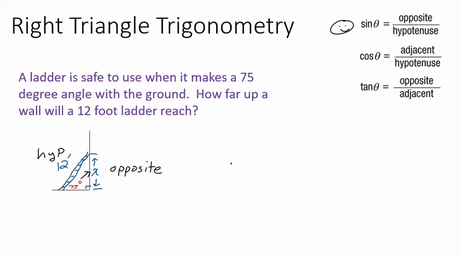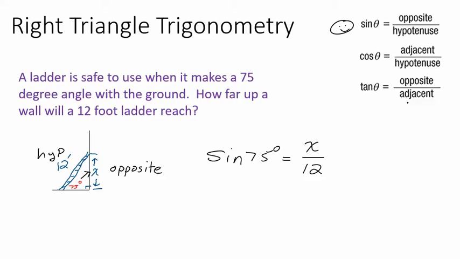sine. Okay, so I'm going to set up my formula, and it's going to be the sine of the angle, which is 75 degrees, is equal to the side opposite divided by the hypotenuse. So the side opposite is x divided by the hypotenuse, which is 12. Alright, there's my formula.